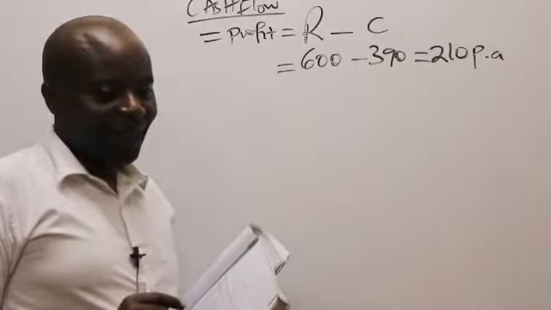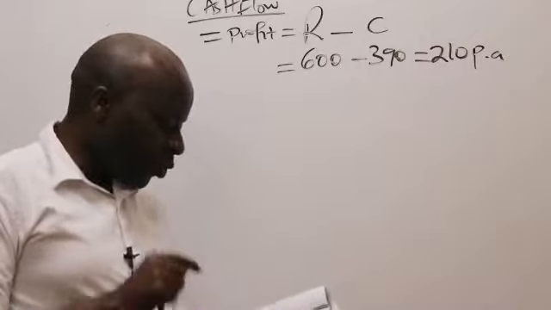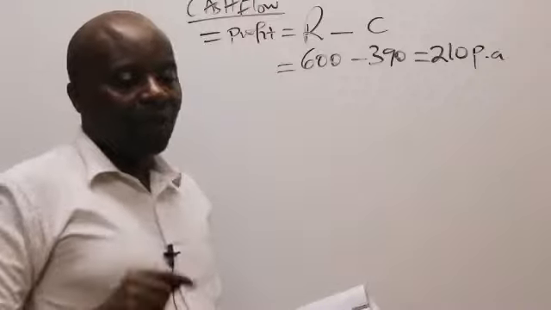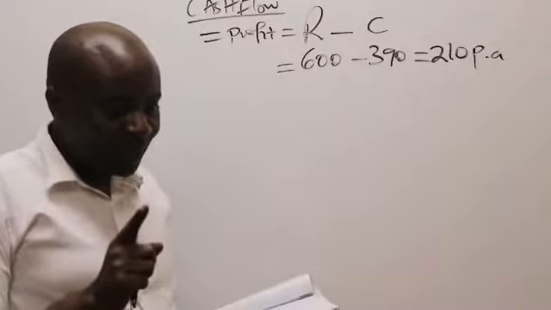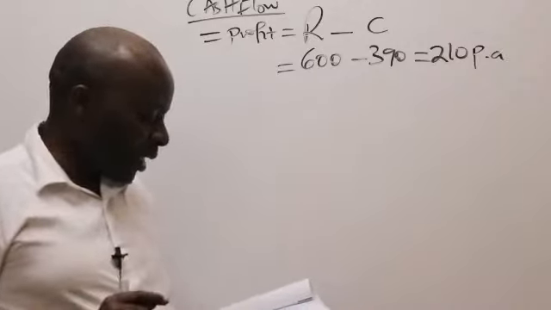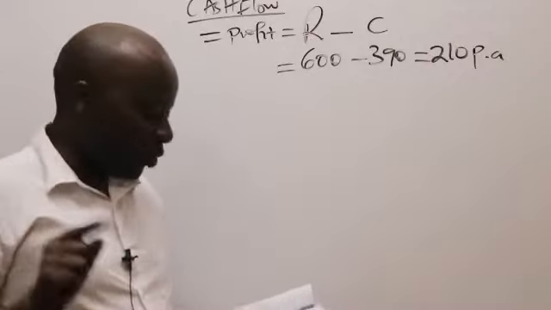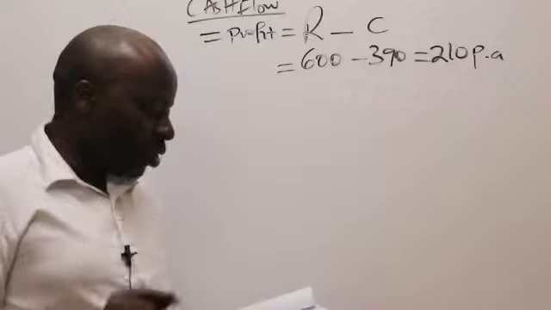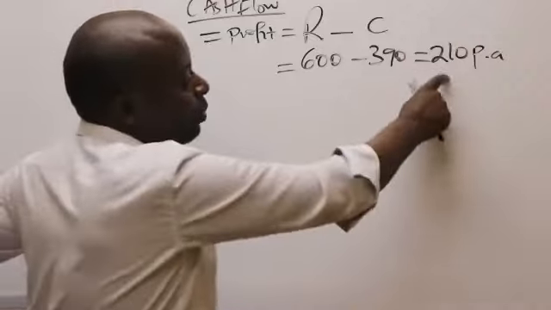Great. So I would want to emphasize, they told us that for each of the 3 years, the equipment is expected to increase both sales revenue by 600 and the cost by 390. So it means that the 210 you have is per annum.